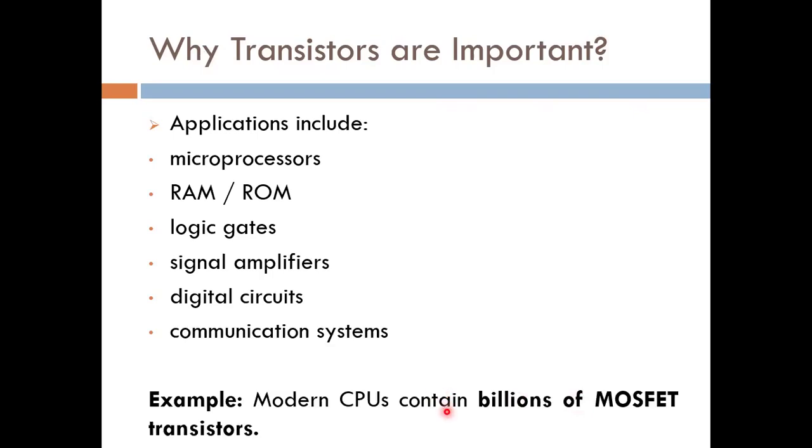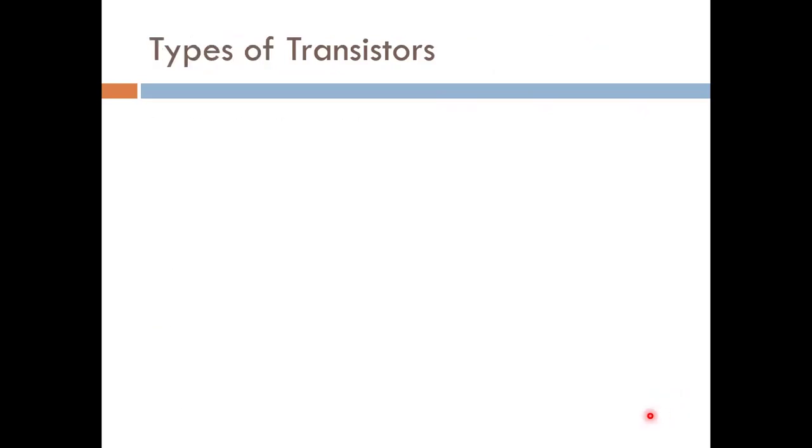A modern CPU contains billions of specifically this type of transistors, which is called MOSFET, metal oxide semiconductor field effect transistor.